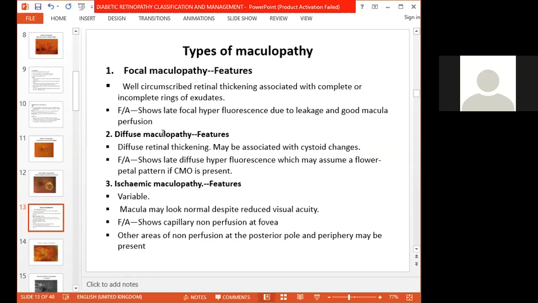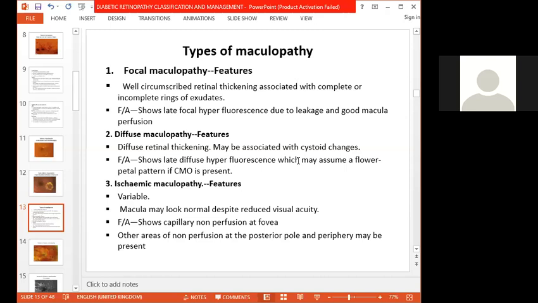The other type is diffuse maculopathy. In diffuse maculopathy, retinal thickening may be associated with cystoid changes. Cystoid changes are where there is retinal thickening, but within the thickened retina, there are some empty spaces. Those are what they refer to as cystoid changes. You cannot see cystoid changes by doing retinoscopy.